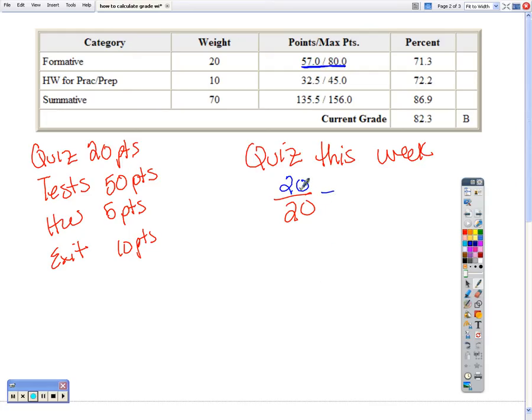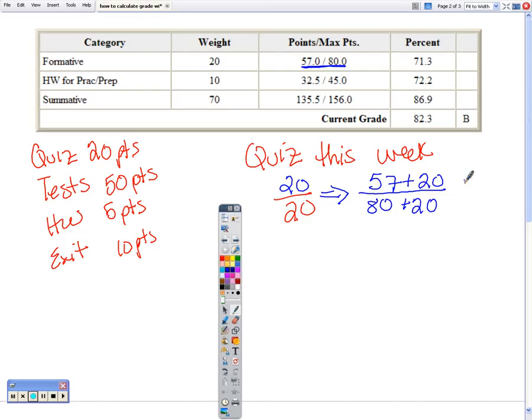The formative category was out of 80 points. Now we're going to add 20 points to the total possible points in that category. The student had 57 points, and they're saying, well, I'm going to earn 20 more. So now their category is going to be a 77 out of 100. If you calculate that as a percent, that's 77%.